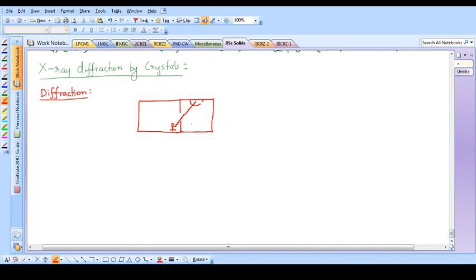So this suggests that light is moving in a straight line. But suppose this is person A, and there is one more person in the adjacent room, let us call him person B. If person A speaks, information in the form of sound wave will propagate, and we know that this sound wave will not only propagate in a straight line, it also gets bent at the edges of the door.